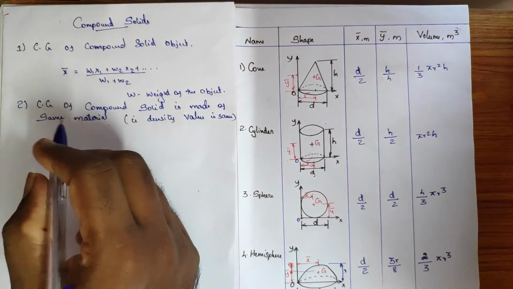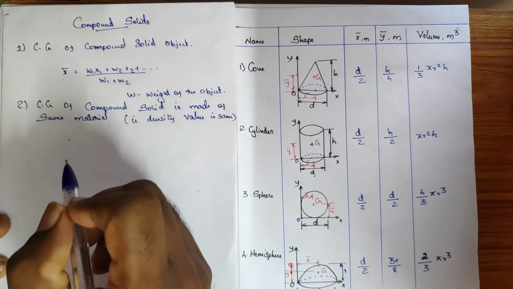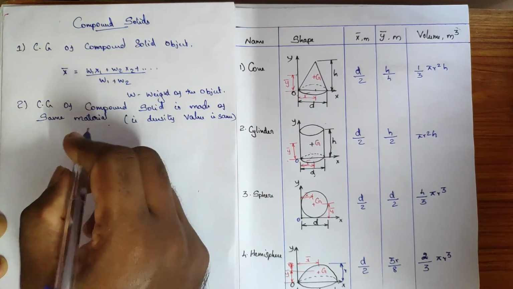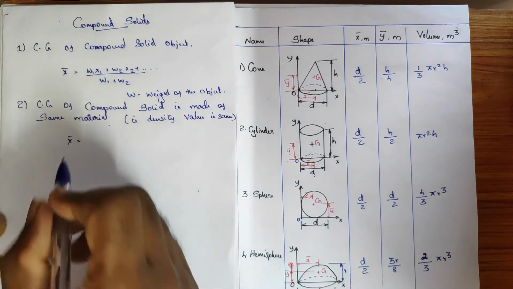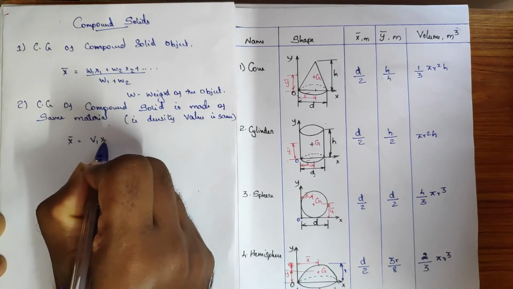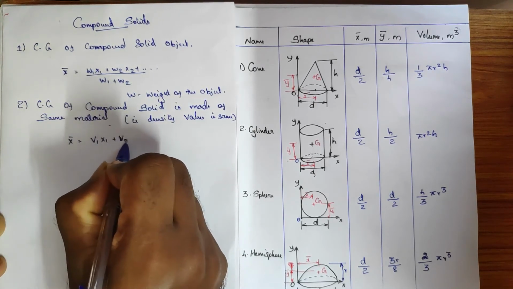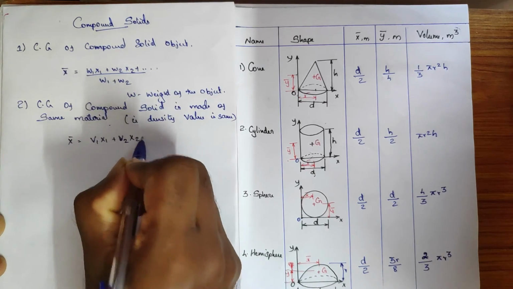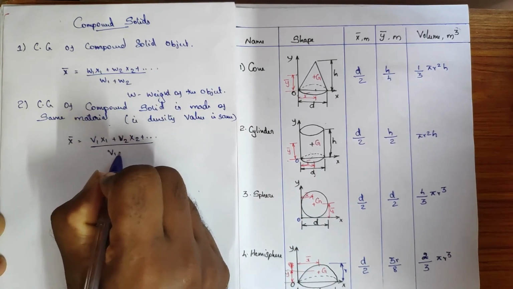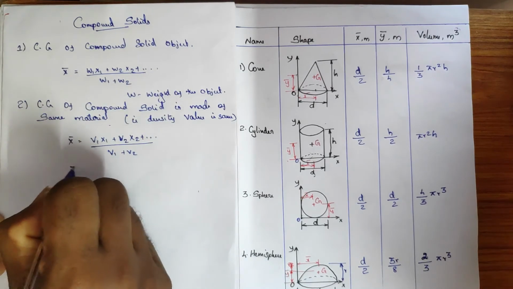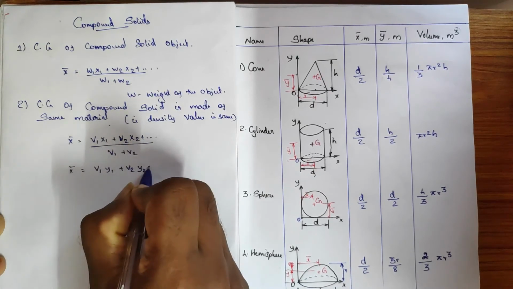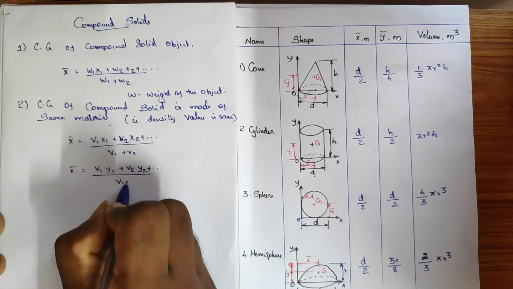So in such a condition, here we have to take volume as a consideration. Instead of weight, we need to take the volume as a consideration. So here it will be V1 x1 plus V2 x2, it goes on, right? And bottom V1 plus V2, and for the y bar it will be V1 y1 plus V2 y2, and so on, divided by V1 plus V2.